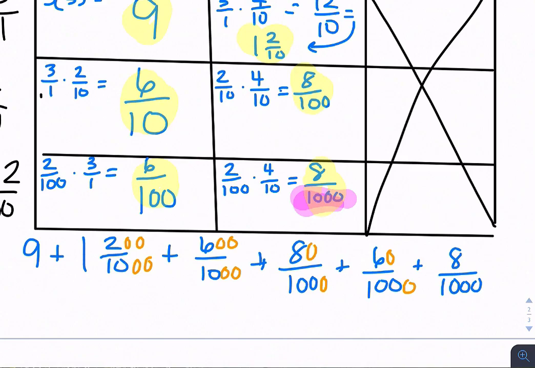So now I have 200 plus 600 plus 80 plus 60 plus 8. I should have written this the other way so it was easier.